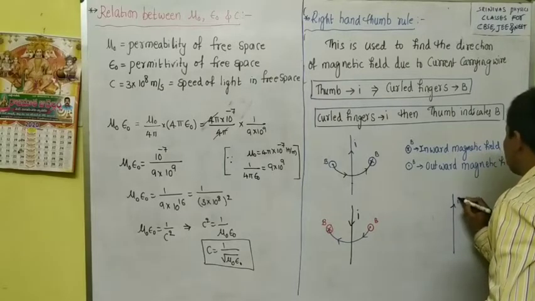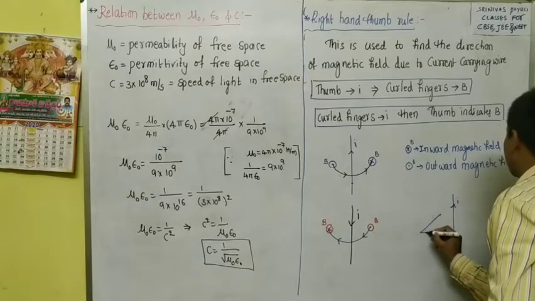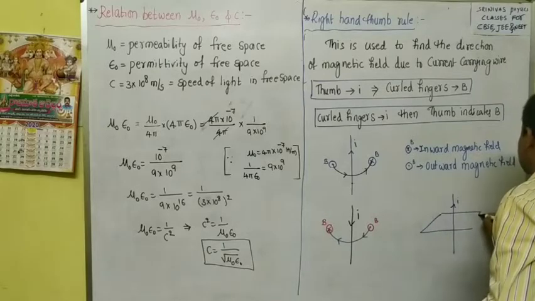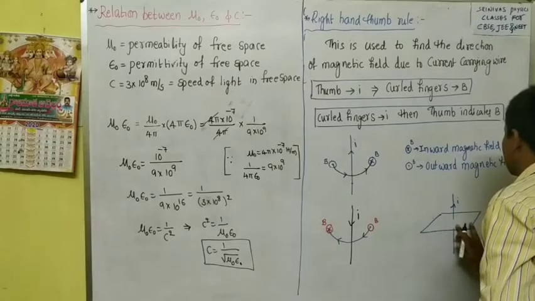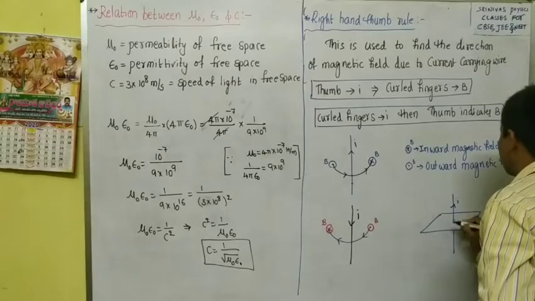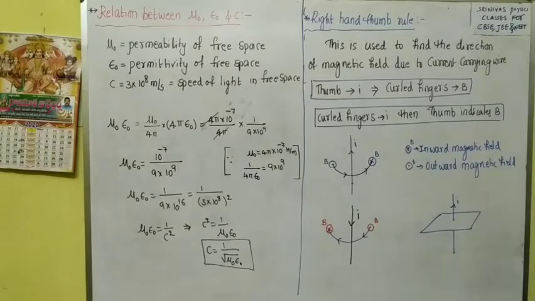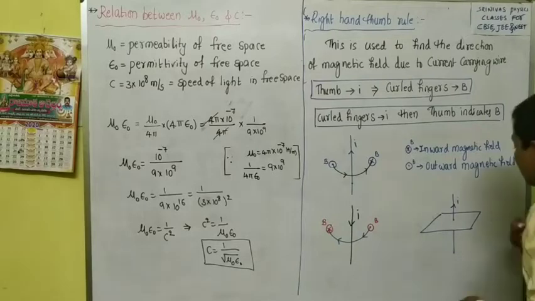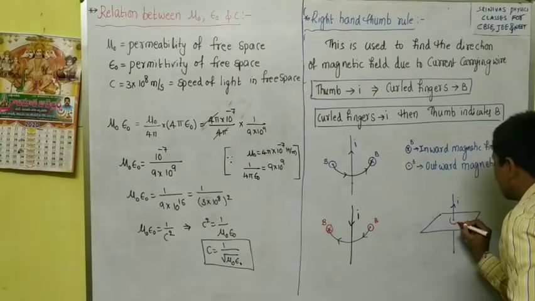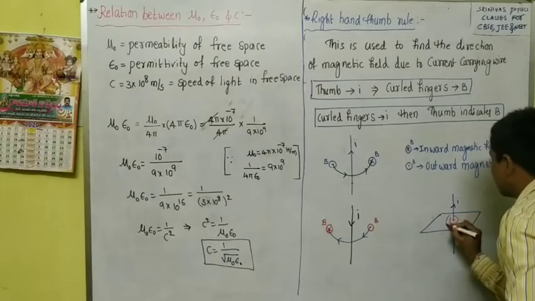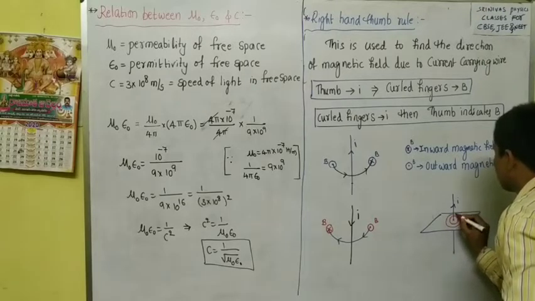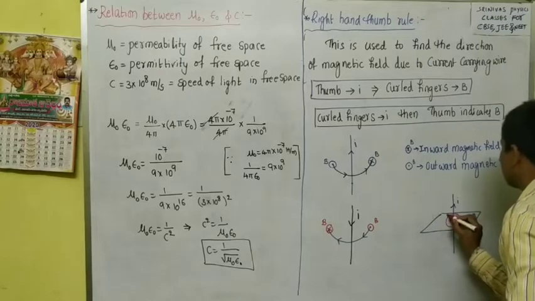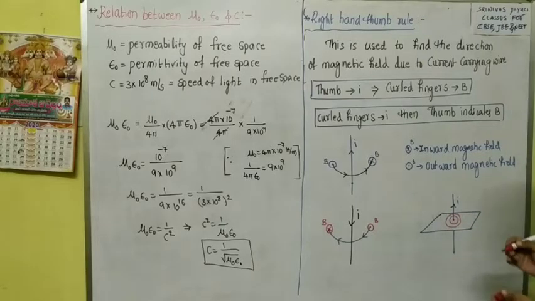If the current is in the upward direction and we take a plane of paper like this, the field lines will be in a circle shape. What about the direction?